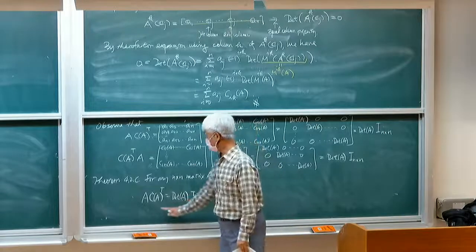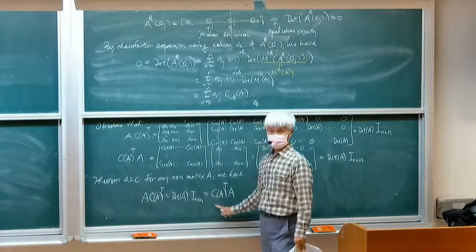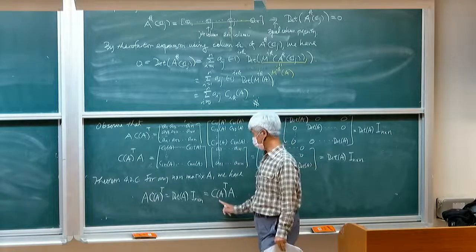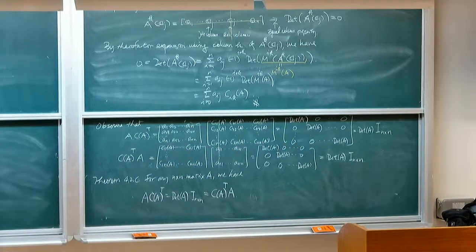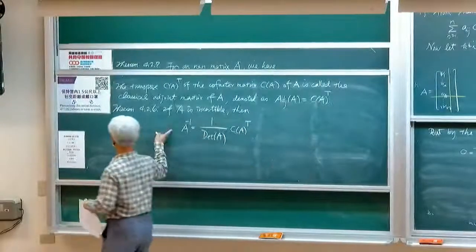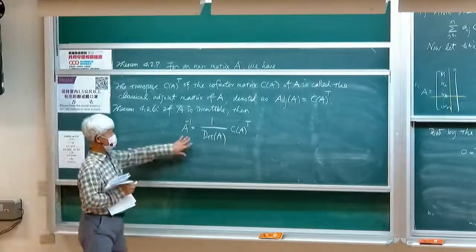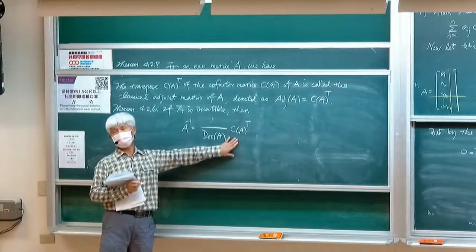So you can divide by the determinant of A, and then you can see that the inverse is actually this formula. Now you can express the inverse of a matrix by this formula.